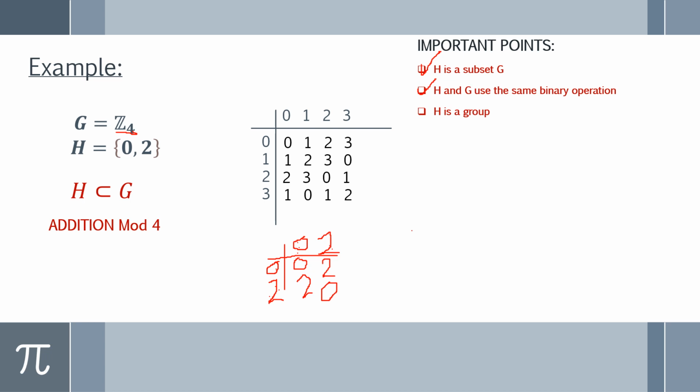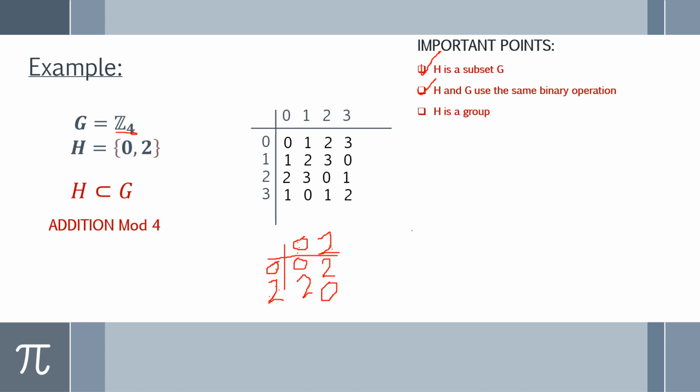You can review the previous lesson on groups. You can verify whether a certain table has closure or associativity. As we can see, the table has associativity.